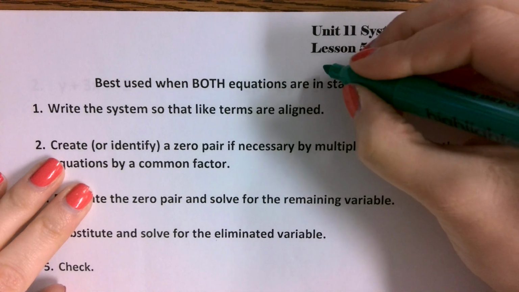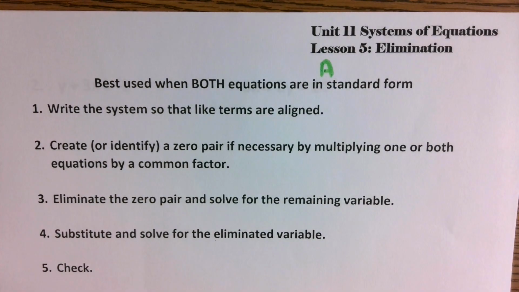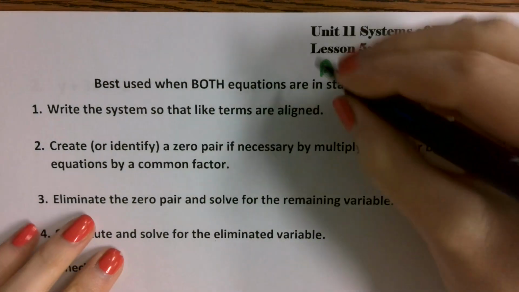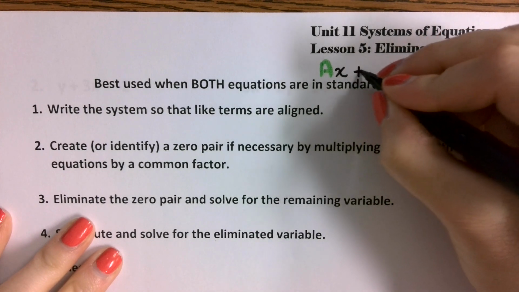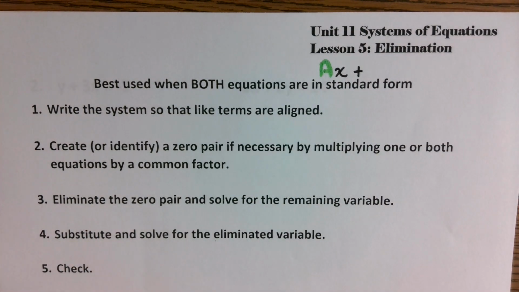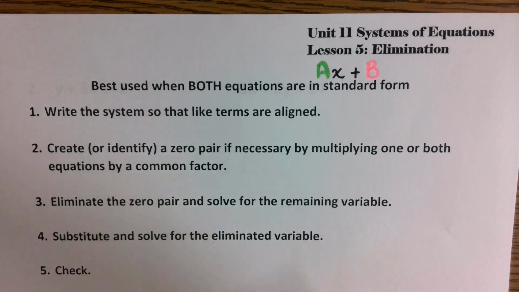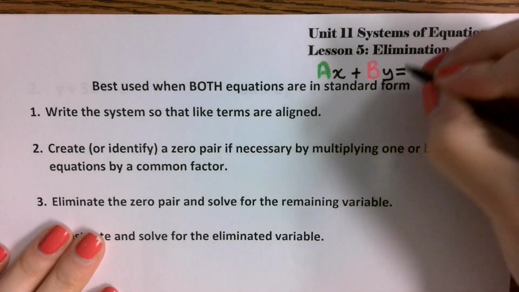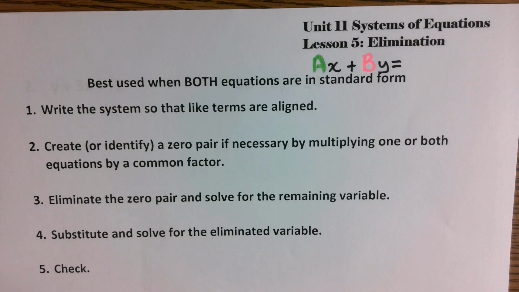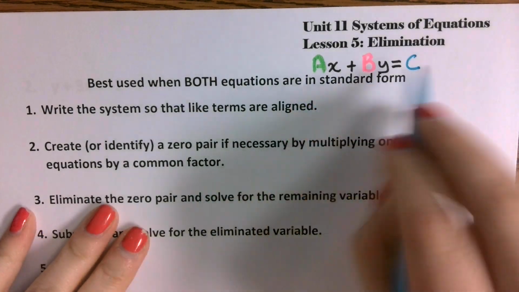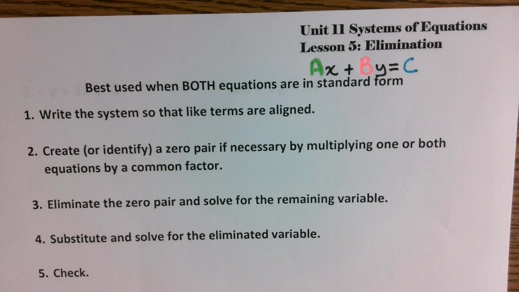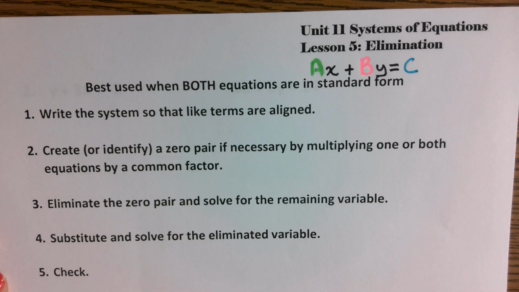So remember, standard form was ax, where a represented a number and x was a variable, plus by, where b represented a number and y stays a variable, and it's equal to c. So if you have both of them set up in that form, then elimination is going to be your best bet, your easiest way of being able to solve.